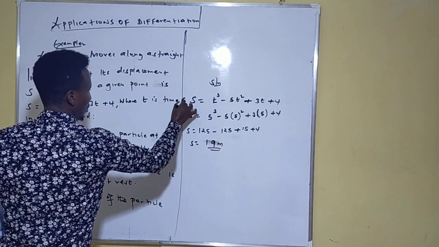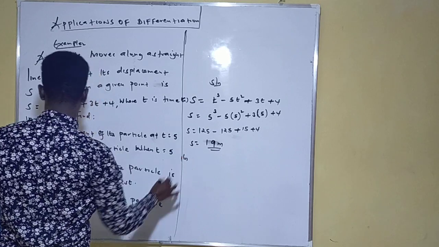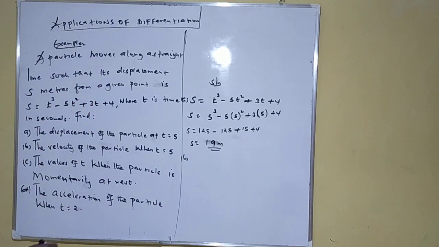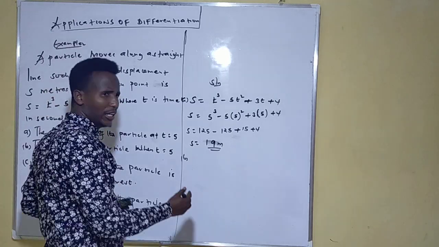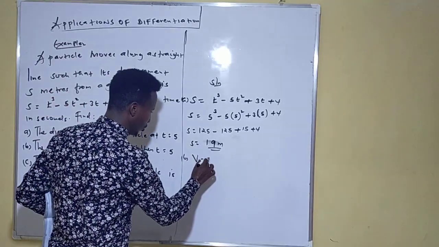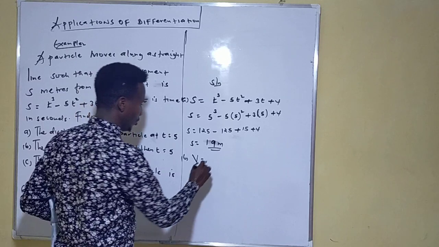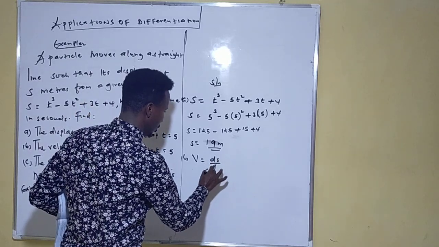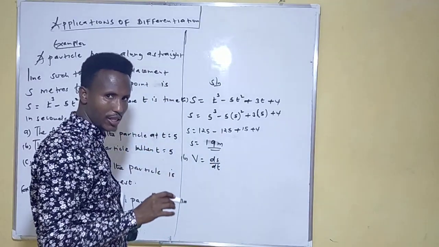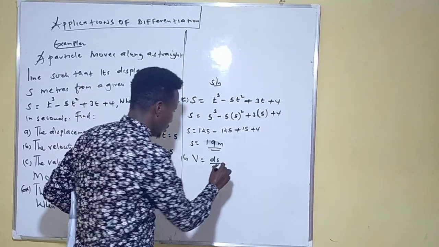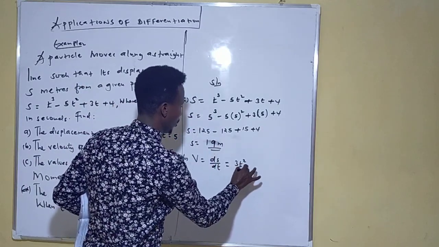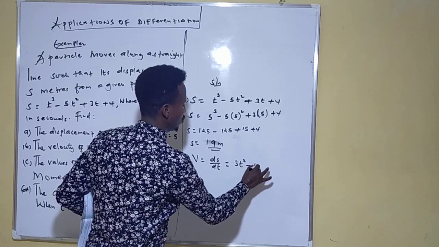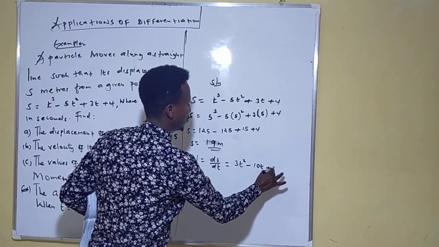This is question A. Question B, the velocity of the particle when t is 5. I know that velocity is equal to ds over dt. Differentiate distance with respect to time. Differentiating gives us 3t squared minus 10t plus 3.